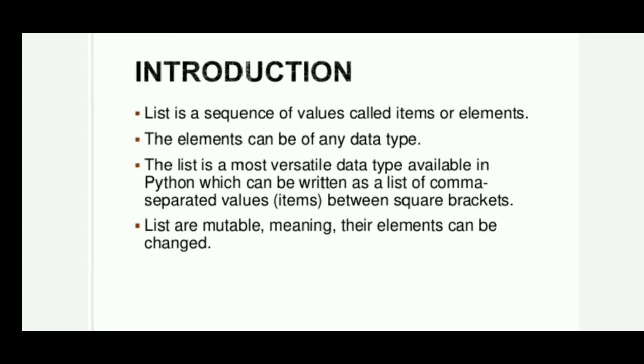It is very important that in a list, square brackets are used to store the elements, and each element is separated from another by a comma. Lists are mutable. Mutable means we can change the elements of a list.